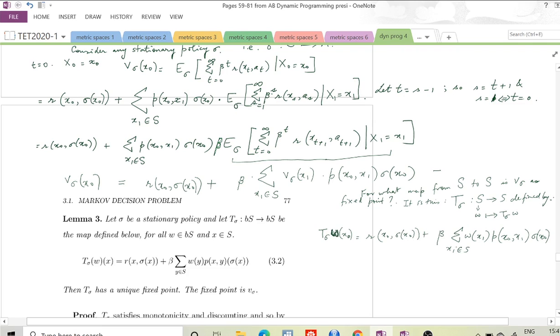So you can see that if I replace both sides with V sigma for the W here and V sigma for the T sigma W here, that's a fixed point, right?